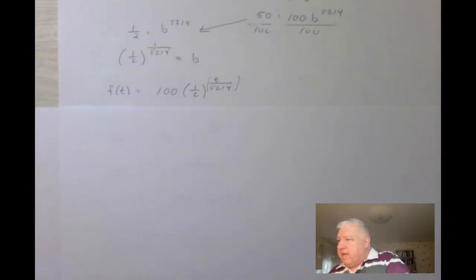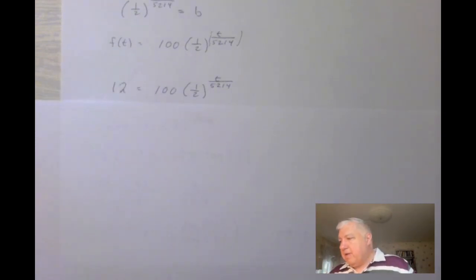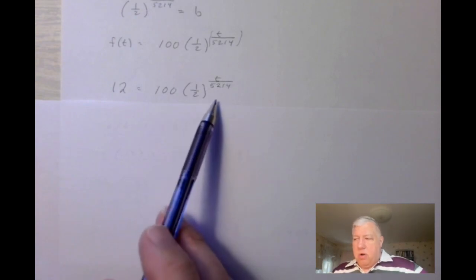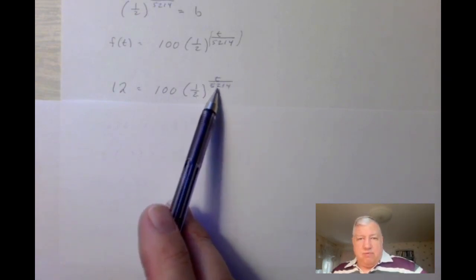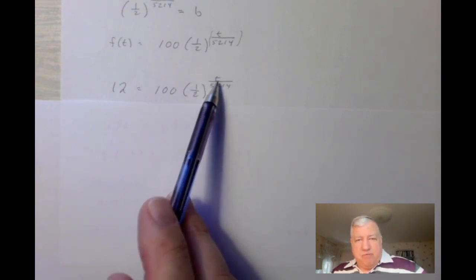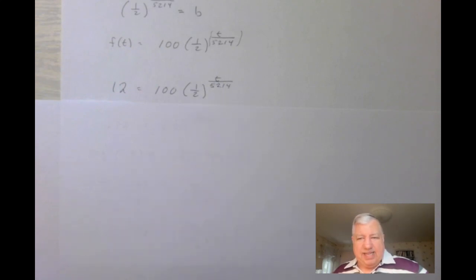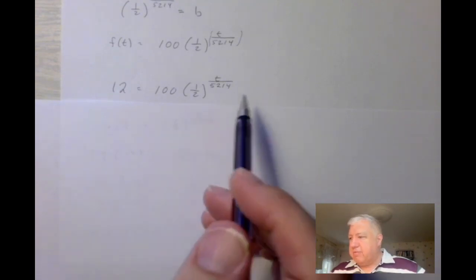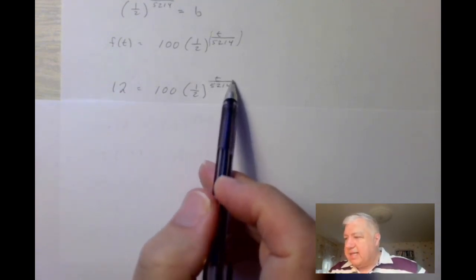So we want to find the t such that f of t is equal to 12. Okay, so we want to solve that. What we're going to do is solve for this fraction. If we know what t divided by 5214 is, we can just multiply by 5214 and get t. So I'm going to focus on isolating this exponent.